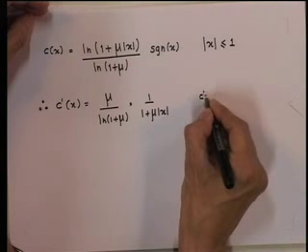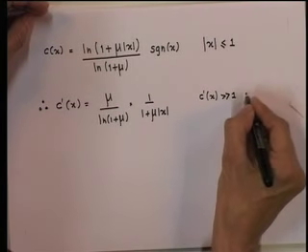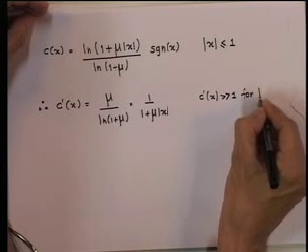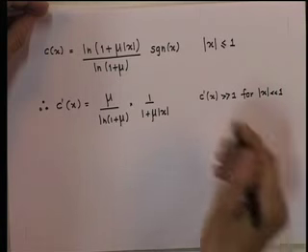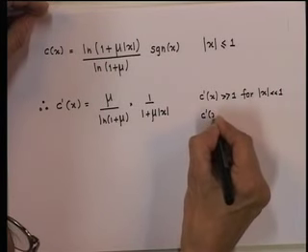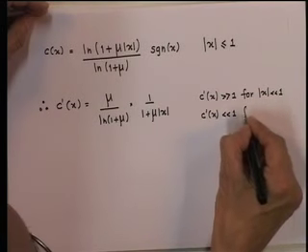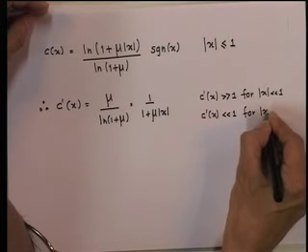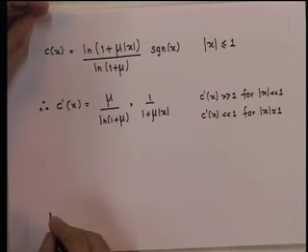So, c dash x is much larger than 1 for x much smaller than 1, and c dash x is less than 1 for mod x approximately equal to 1.